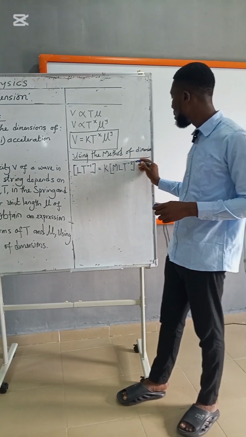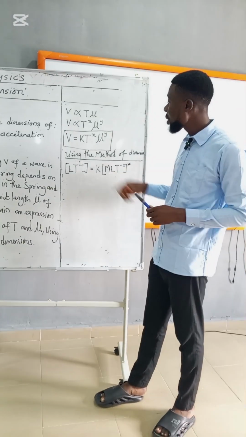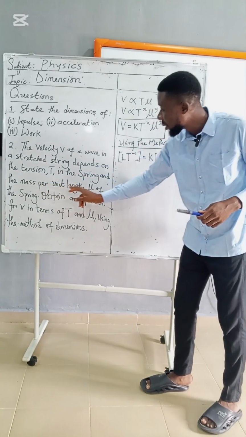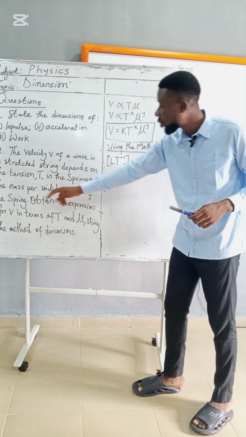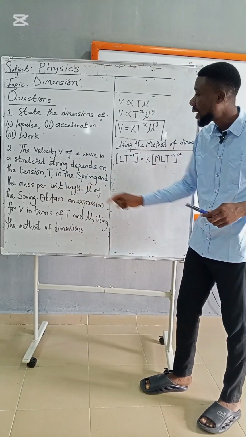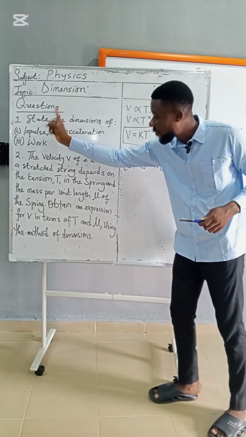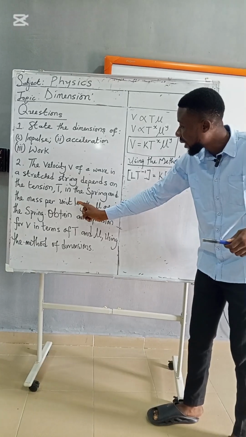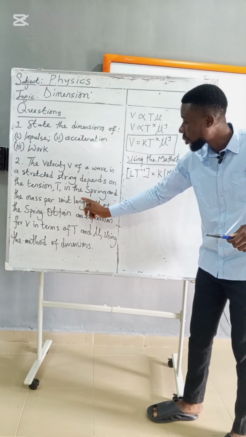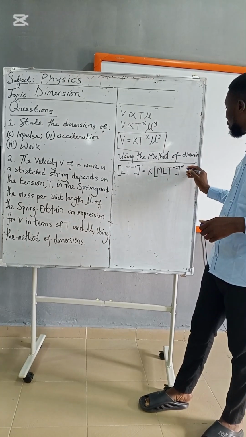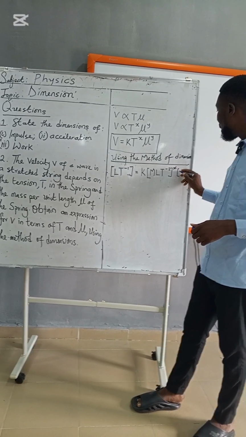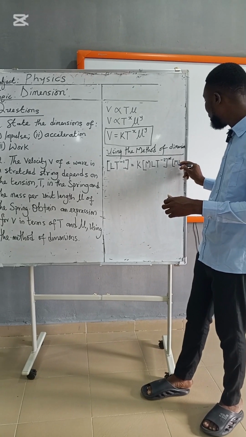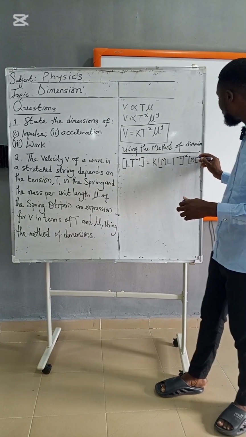Now, from the question, we know that this mu is actually mass per unit length. So in place of this sign, I'm going to be writing mass per unit length. And remember, mass, according to the first video I made, will be represented with M. And for length, it will be represented with L. So I'm going to put this to be M L raised to power minus 1.